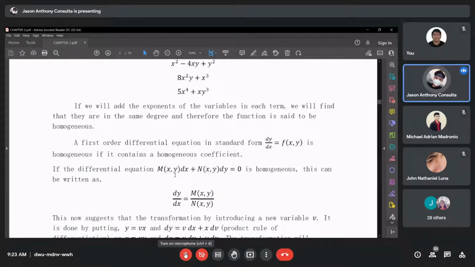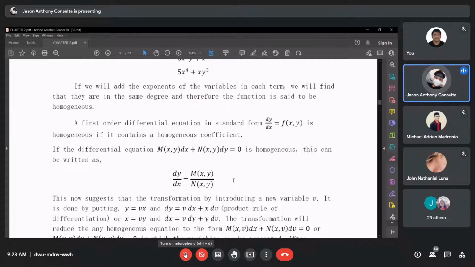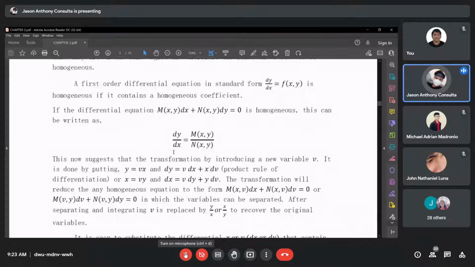So m of x and y dx plus n of x and y dy equal to 0, which can be written as dy over dx is equal to m(x,y) over n(x,y). So ano siya, implicit, you're going to solve it implicitly. So gagaya nung pag-solve sa calculus 1 ninyo ng implicit differentiation.